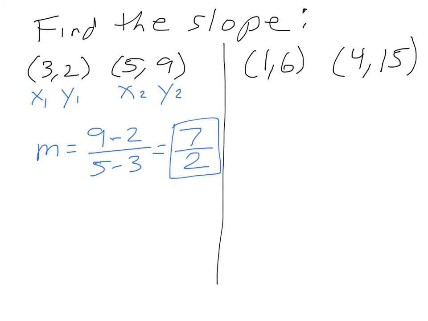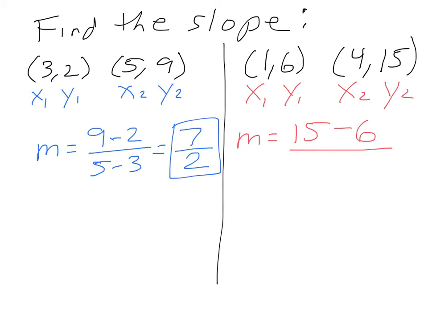Okay, in the second one, I'll label x1, y1, x2, y2. I'm going to get y sub 2, which is 15, minus 6, which is y sub 1, over x sub 2, which is 4, minus x sub 1, which is 1. 15 minus 6 is 9 over 3.